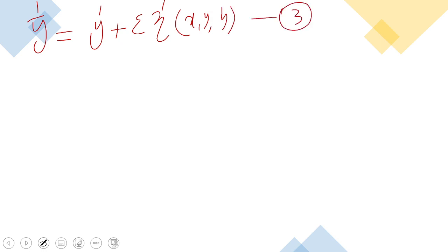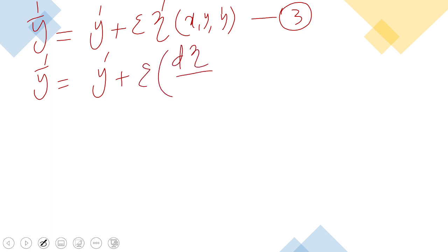This is 3, and what is 4? That is y bar dash equal to y dash plus epsilon d eta over dx minus y dash d xi over dx.